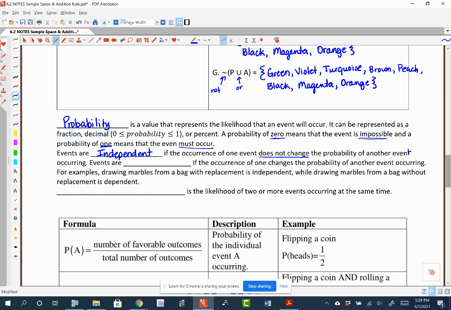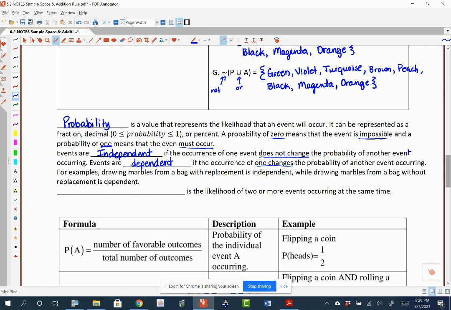So we say that we have independent events if we take the probability or the occurrence of one of them and it doesn't change the probability of another event. We say events are dependent if the occurrence of one does actually change the probability of another event occurring.